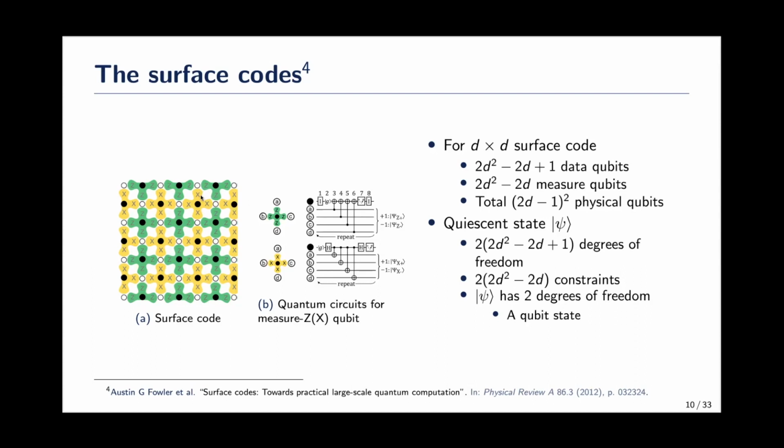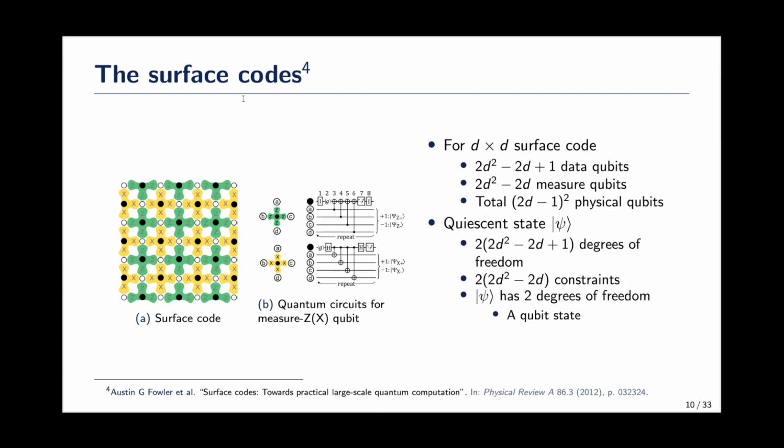For these 4 data qubits, we measure Pauli XXXX like this, and this is called a measure X qubit. And for these 4 data qubits, we measure Pauli ZZZZ, and they are stabilized by the ZZZZ operator.